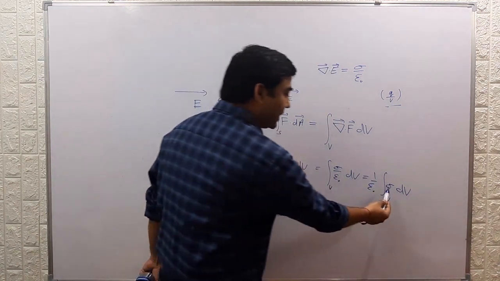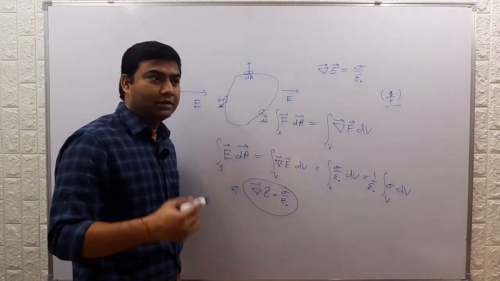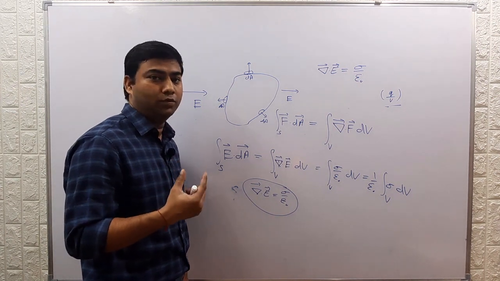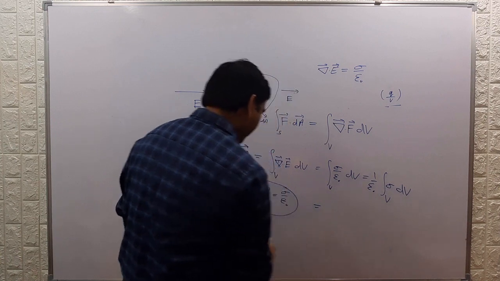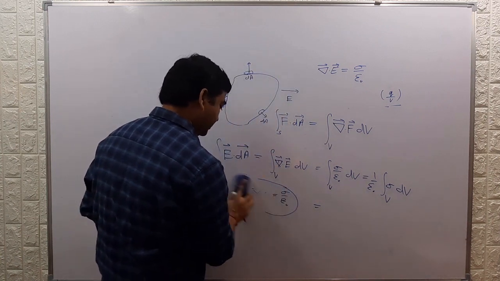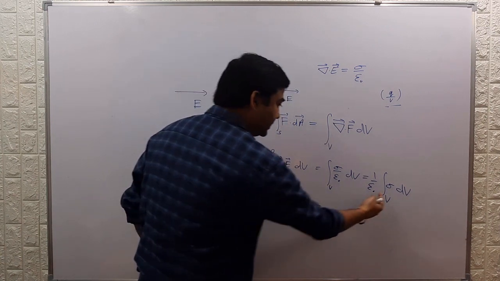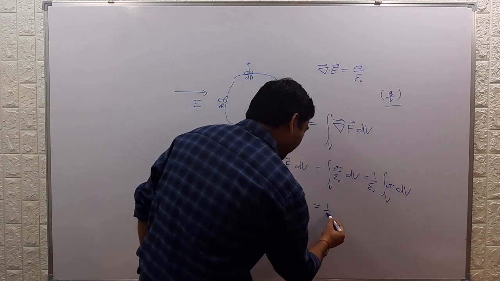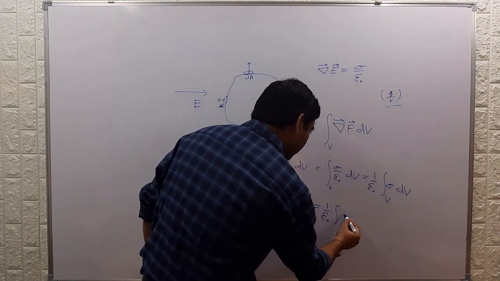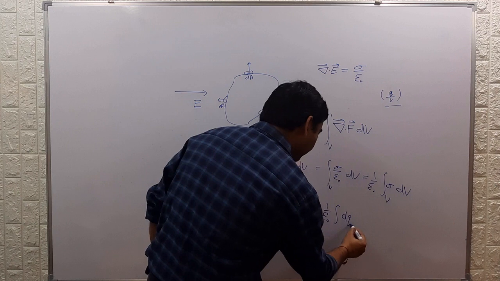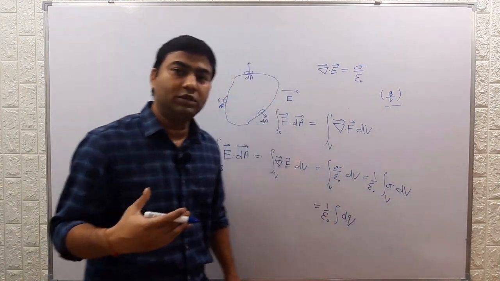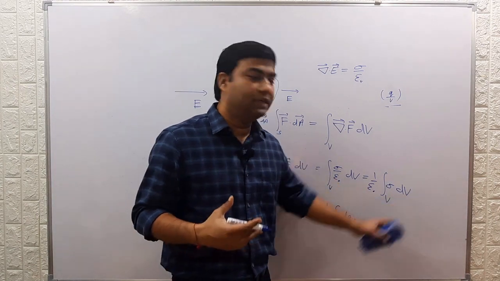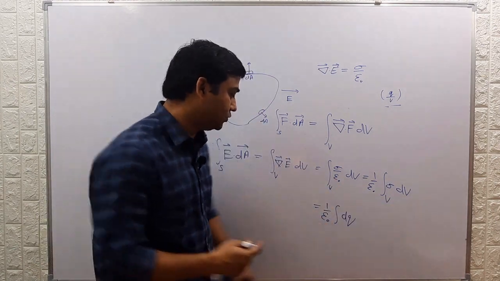Now sigma is the charge density, charge in unit volume. So sigma dV is nothing but the charge enclosed in a small volume dV, which is dQ.